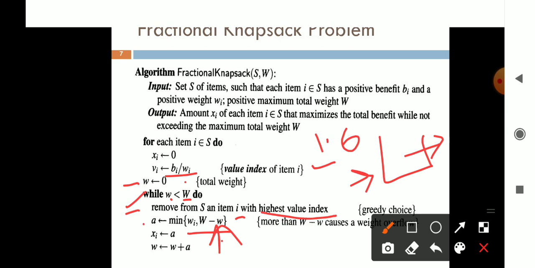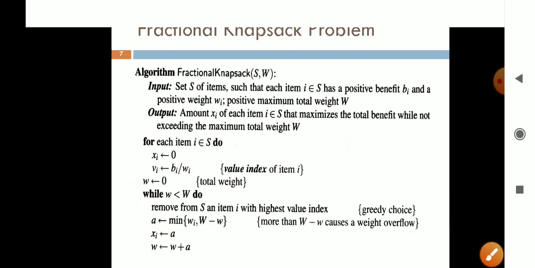From that we get the remaining space in the bag. Then we put that amount into Xi, and w is equal to w plus a. So w is updated, meaning we know the capacity. Suppose we have already put 15 in the bag, we will have 5 remaining. So that is the selection from the actual set of the problem.